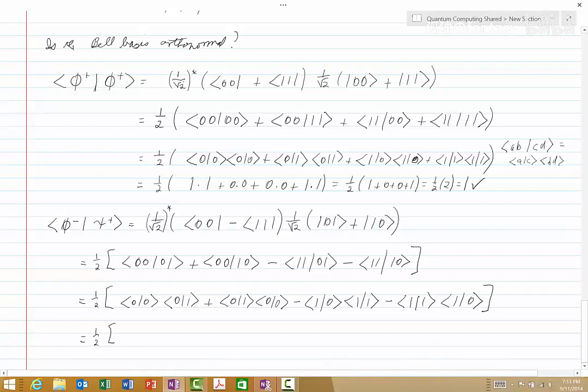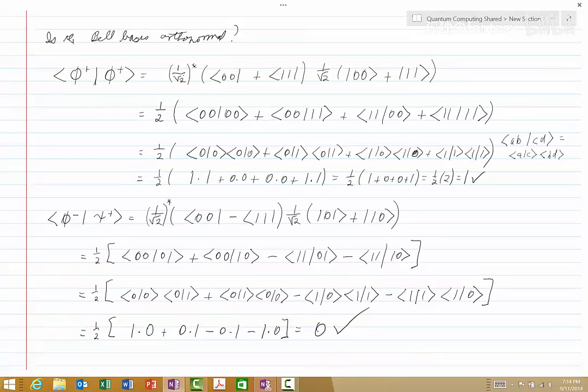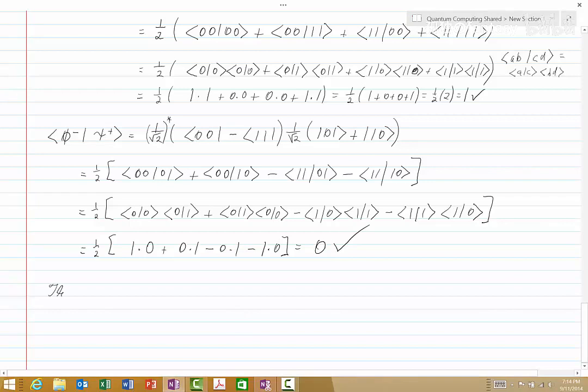Well, we know that 0 inner product with itself is 1, but the inner product of 0 and 1, those are orthogonal vectors, so we get 0, and 0 times 1 minus 0 times 1 minus 1 times 0. And this is indeed equal to 0. You could check all of the other possibilities as well, and you will find out that the Bell basis is indeed orthonormal.